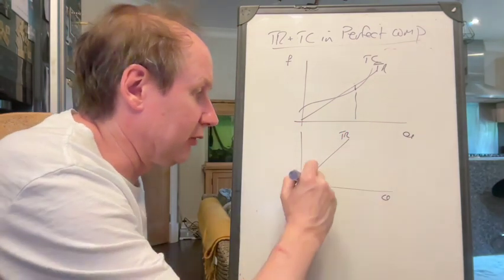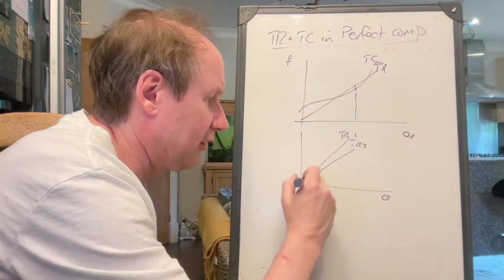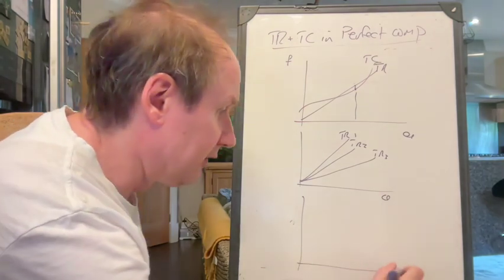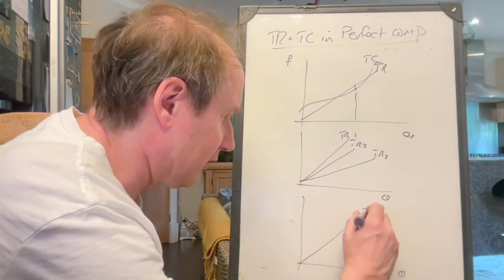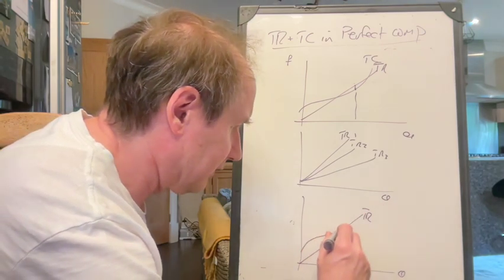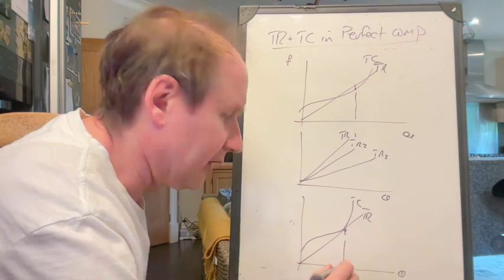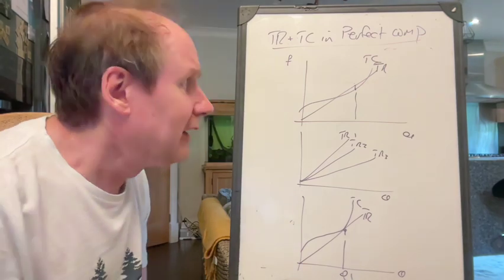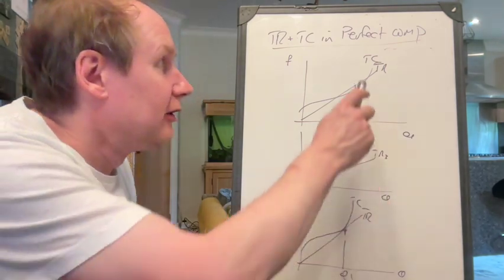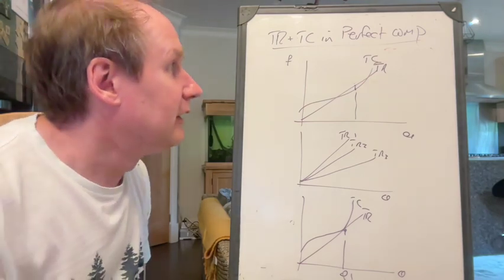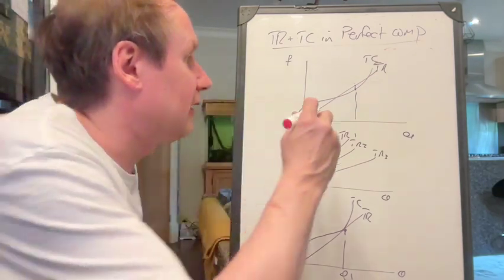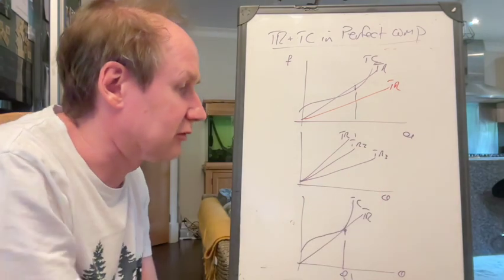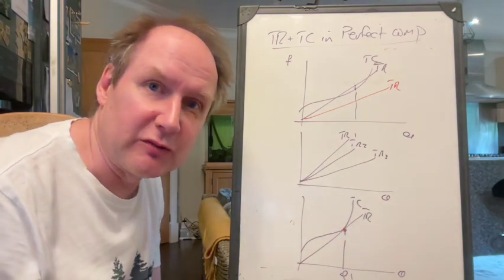So at a given output level, total revenue starts to fall, TR1, TR2, TR3, and then I show in the end, in the long run, we end up with a situation where the firm can only just make normal profit, where total revenue equals total cost at Q1. So anyway, that's what total revenue and total cost look like. The firm at the top has abnormal profit. If total revenue was lower, like that, then now the firm would be making a loss because total revenue is less than total cost. And this one at the bottom shows a firm just making normal profit.